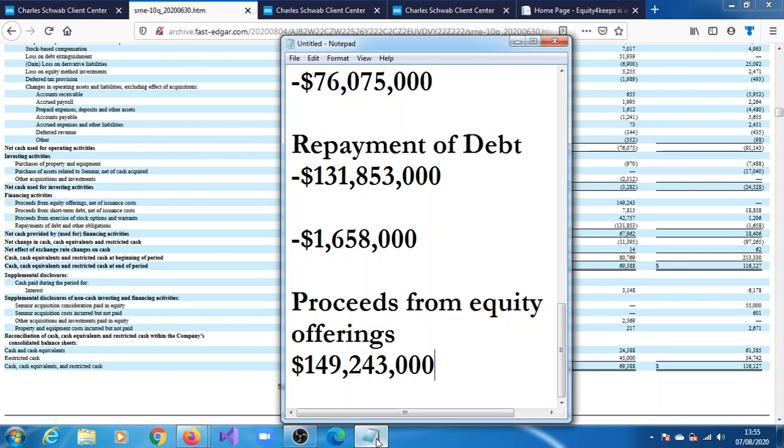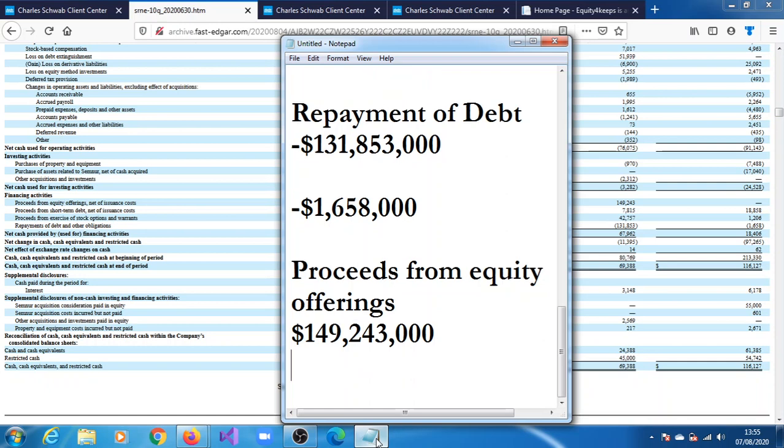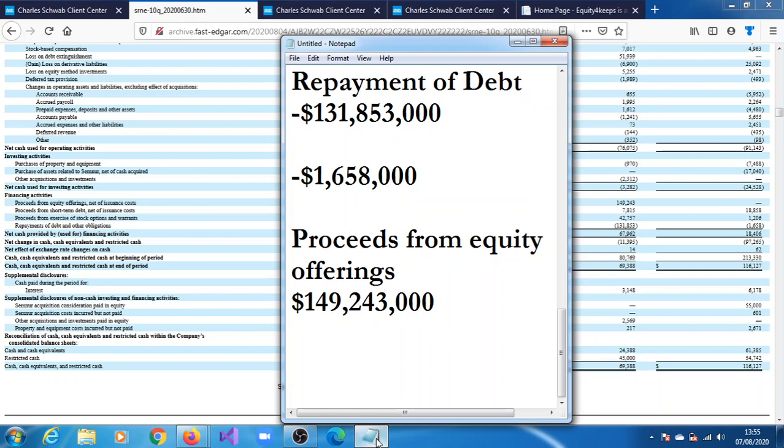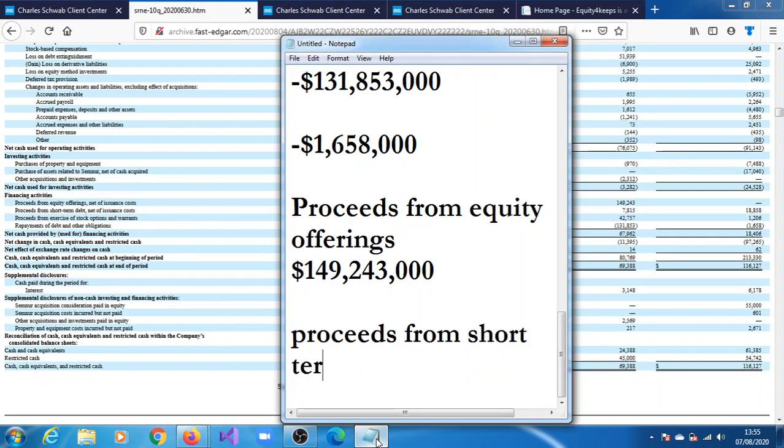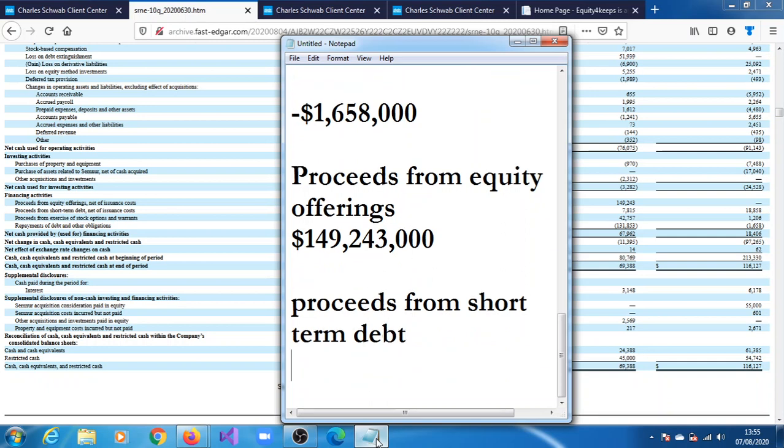Proceeds from short-term debt is $7,815,000.